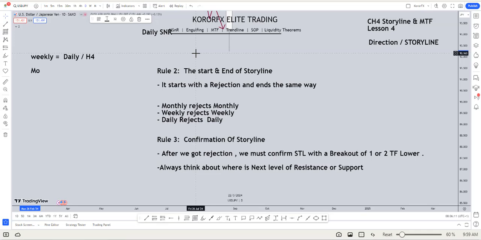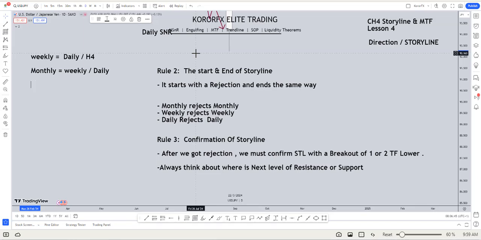If monthly storyline begins, the breakout will be the weekly or daily. Sometimes you get a weekly rejection and you want to break out at the daily. If daily is not clear, you cannot see the breakout, so you will switch to a lower time frame, one time frame lower than the daily, which is H4.